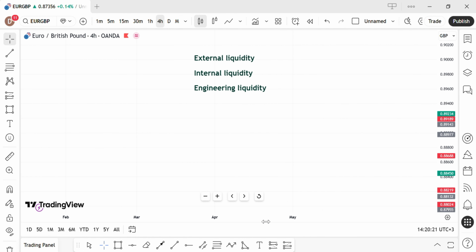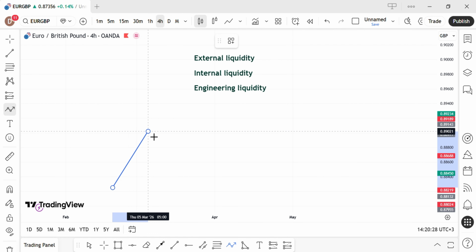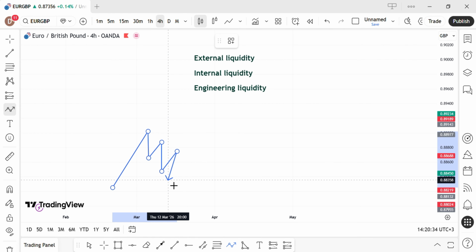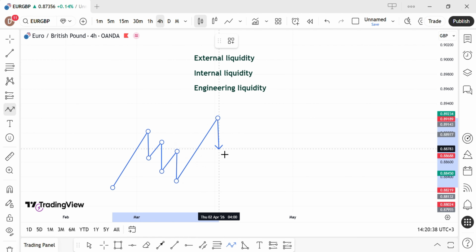Let me explain to you what is internal and external. So when you see a move like this, and then the market creates some sort of these things here, some sort of these things before it creates a new high, then like that.